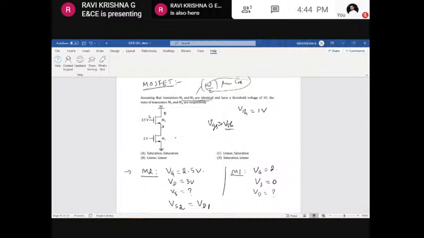So it is not in cutoff, which means the transistors are conducting. If conducting, it can operate either in the linear region, also known as the triode region for a MOSFET, or in the saturation region.